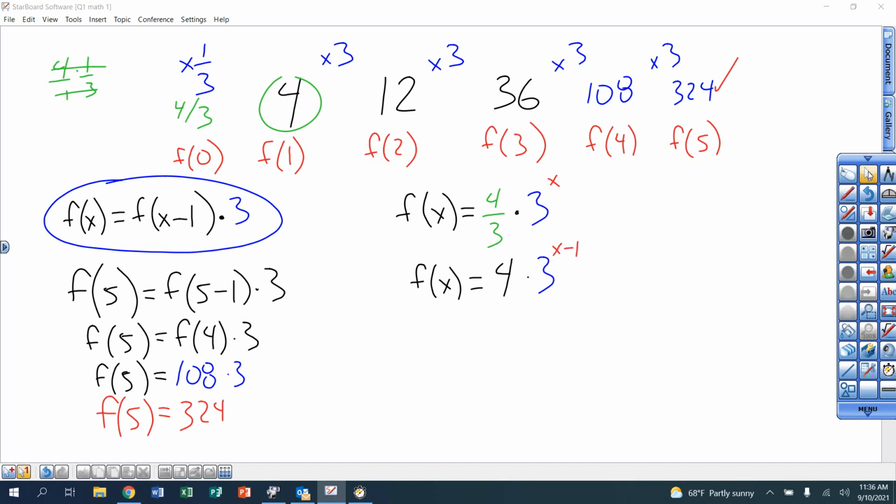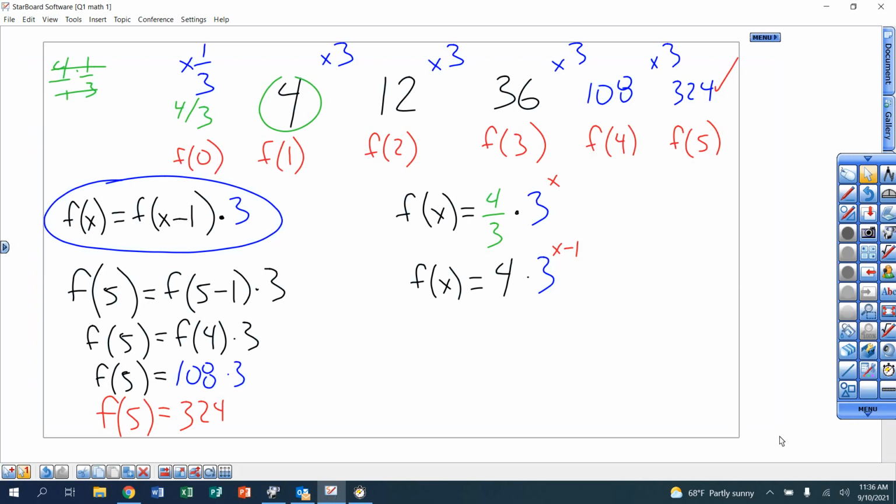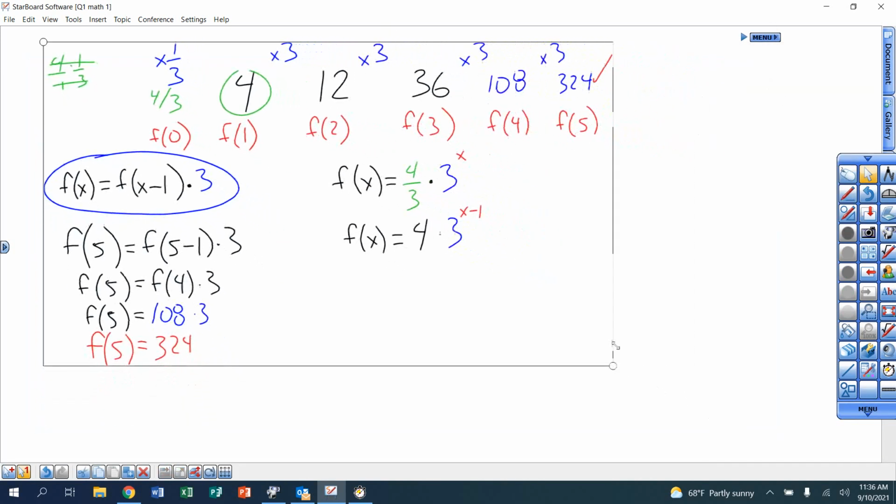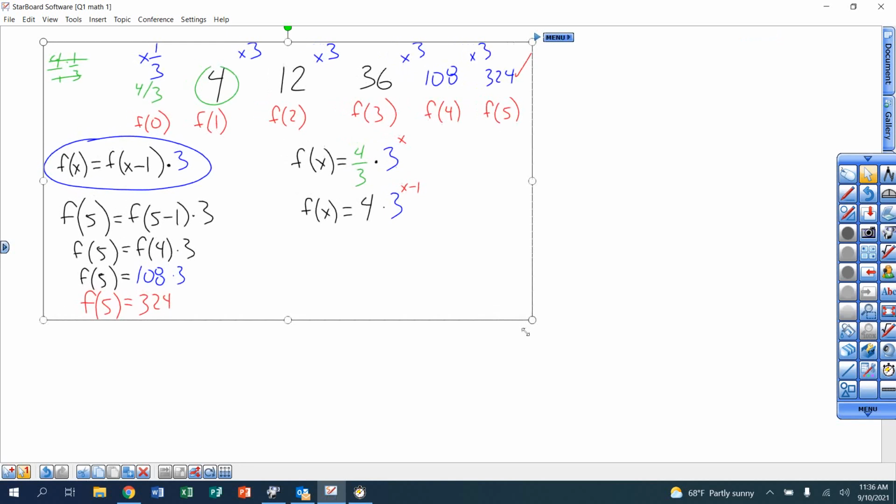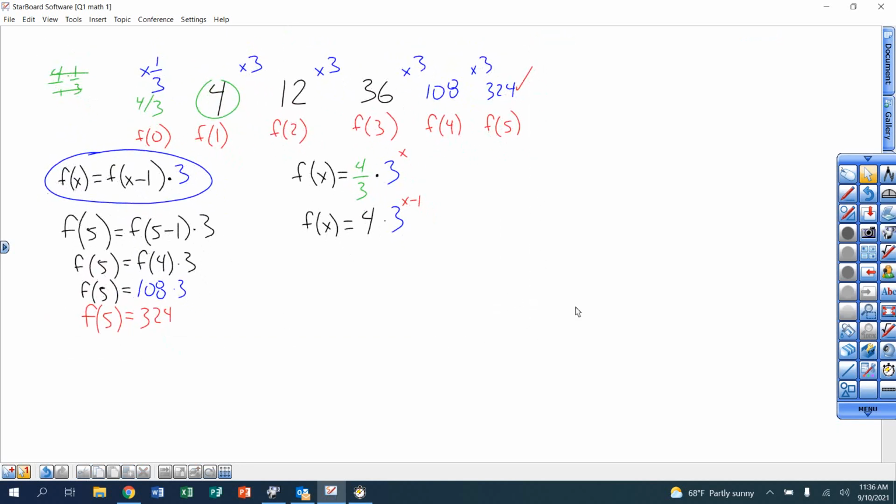I'm going to have you be able to plug in and do both. I'm going to do the 5th term again, just to prove to you that they'll get the 324 answer out of that. So here I go. First one, plug in this 5 right in here to prove I get 324.